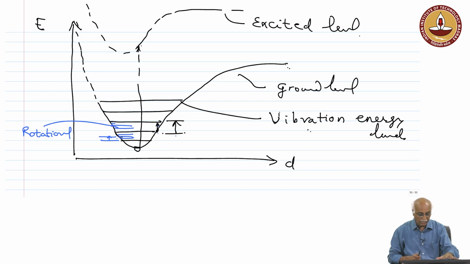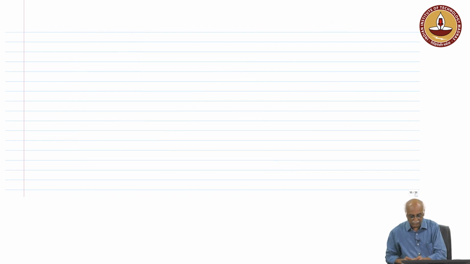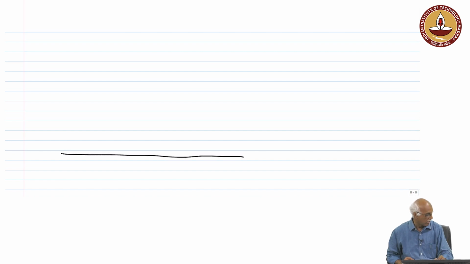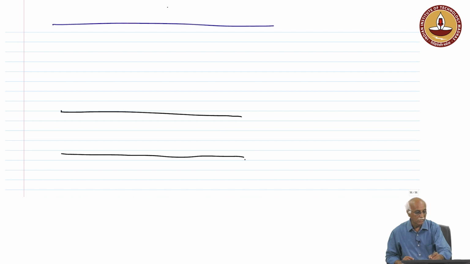So, let me once again draw a simplified diagram. Let us say we have energy levels, and because of the vibrational energy levels, there are vibrational levels at the ground level and at the upper state also.